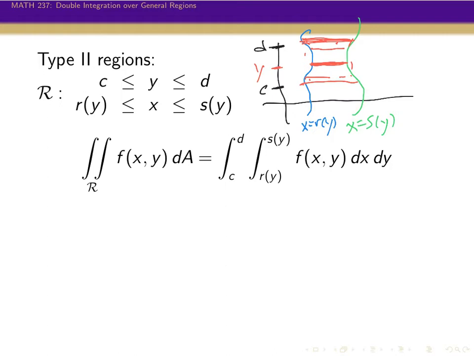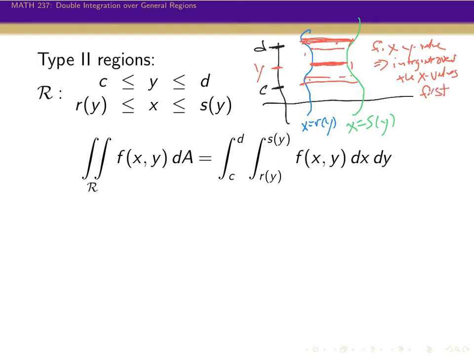Okay. So when we integrate this, the way that we're thinking about integrating this is you fix a y value this time, and then integrate over the x values first.